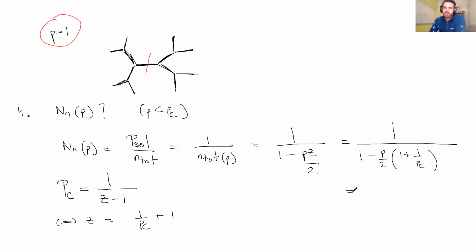I forget the specific topology of the lattice and focus on P and PC, the important quantities. So I get 1 minus P over 2 minus P over 2 PC. This is the number averaged polymerization index.